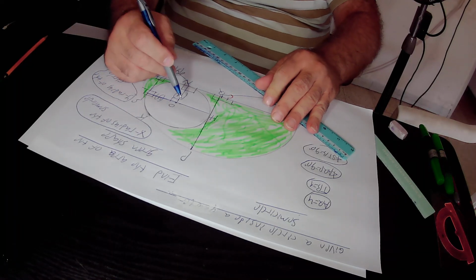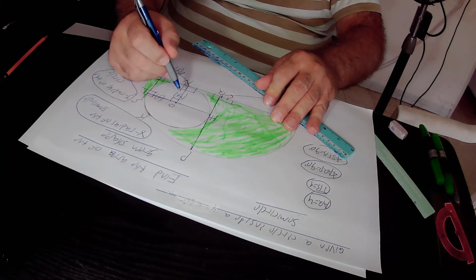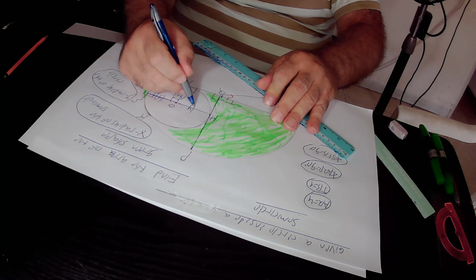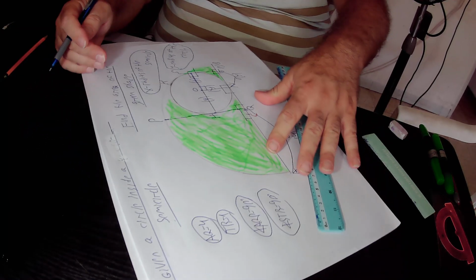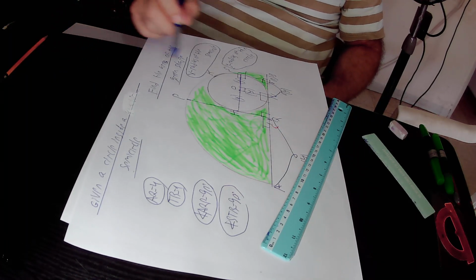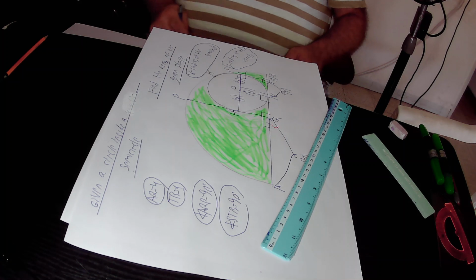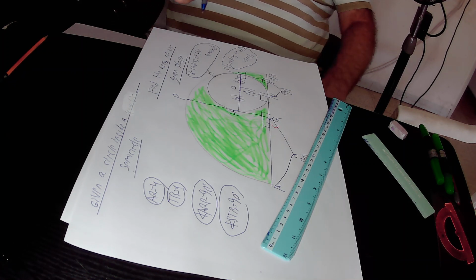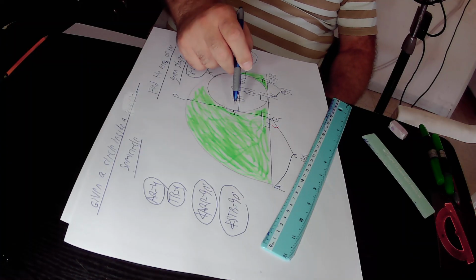OH is of course the radius of this small circle, so it equals y. The radius OH is drawn to point H, that is the point of tangency of tangent PQ with this small circle. And whenever you have a radius that is drawn to the point of tangency, then tangent PQ will be perpendicular to the radius OH.